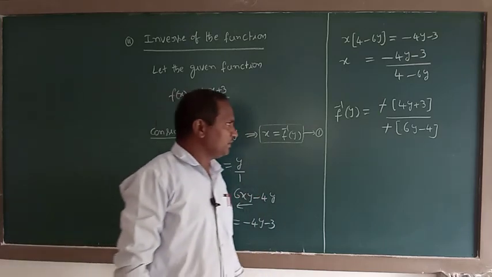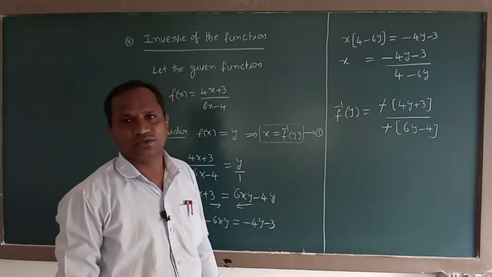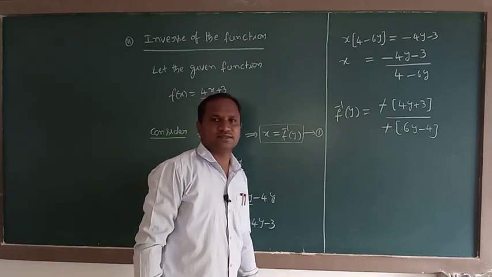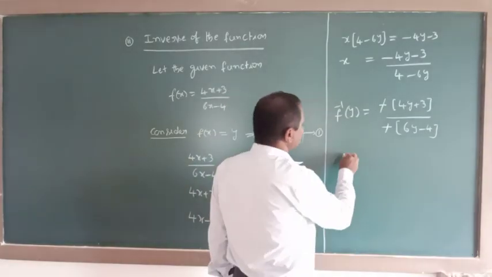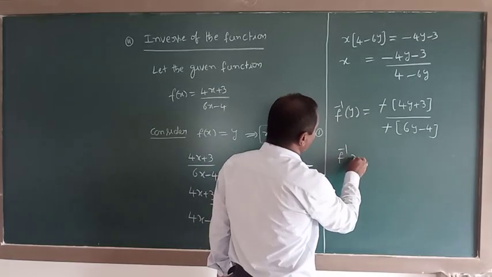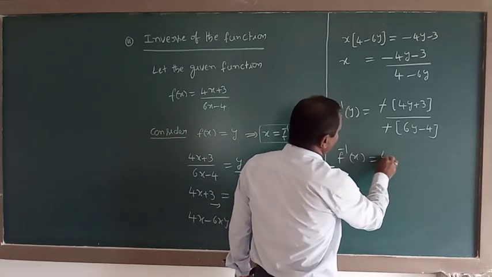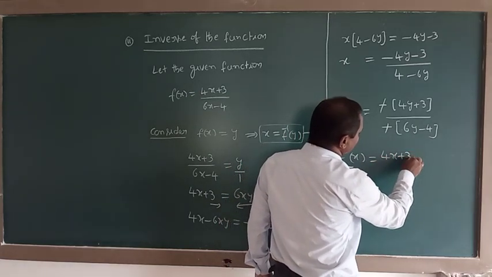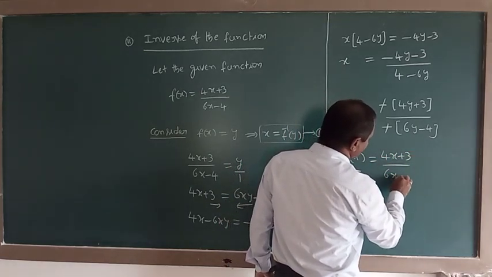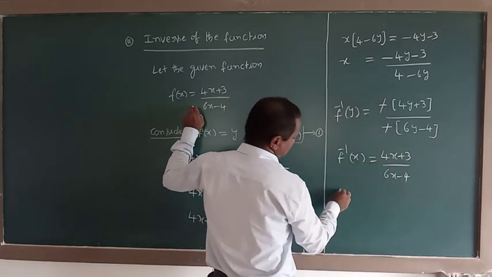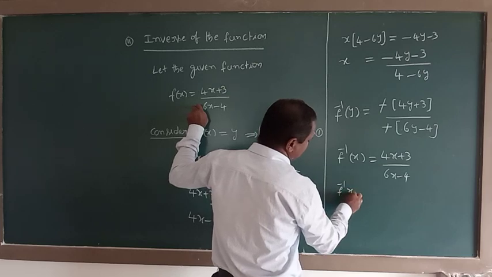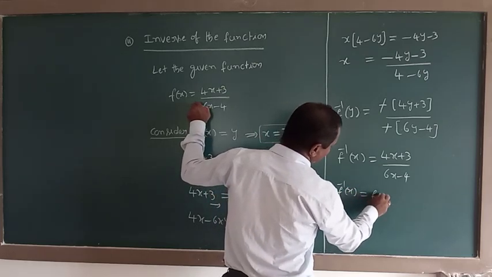That's why we are converting y terms into x terms. Instead of y we are putting x here. For this we can write f inverse of x is equal to 4x plus 3 whole divided by 6x minus 4. But it is the given function, already f of x. That's why we can consider f inverse of x equal to f of x.